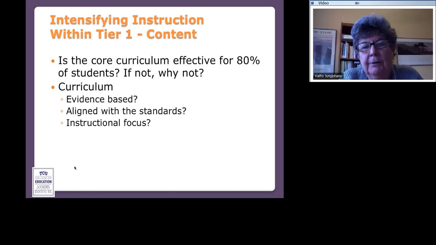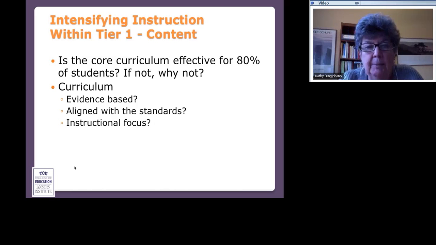And so an important feature to look at is the curriculum. Is the curriculum, in fact, an evidence-based curriculum? Is there documentation that this curriculum has been effective in supporting kids in meeting grade level standards? Is the curriculum aligned with the standards? We currently have a lot of curriculum now that is being realigned with the Common Core state standards.